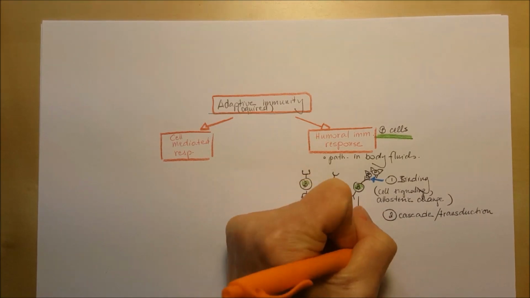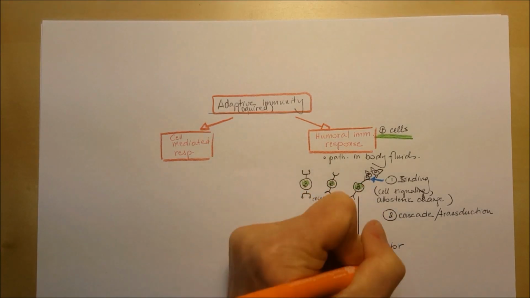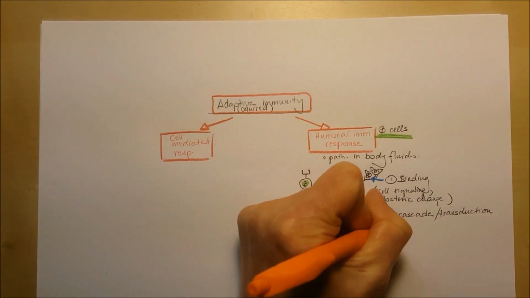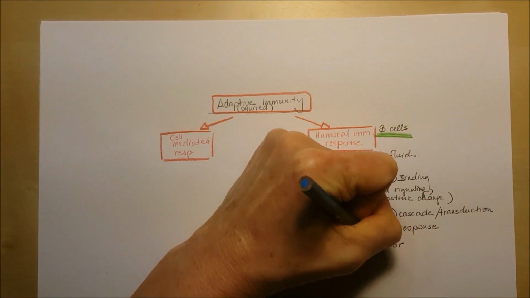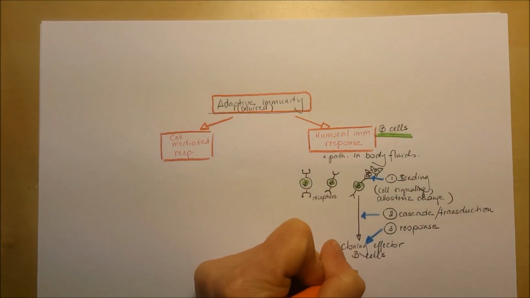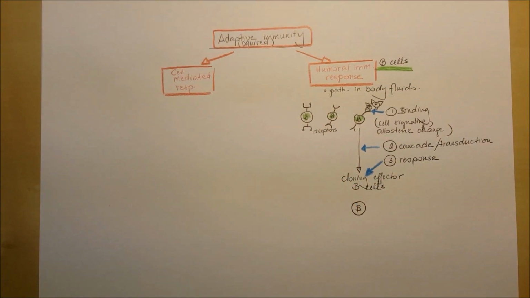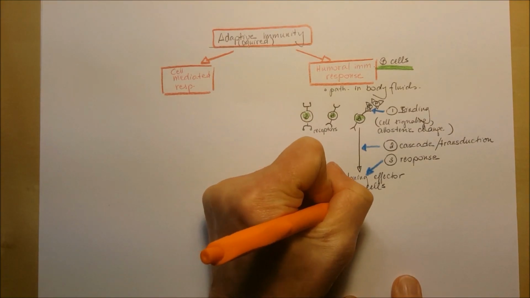These B cells that recognized the antigen are going to clone effector B cells. This is the response, the cloning. More and more effector B cells will form that are really targeting the specific antigen.